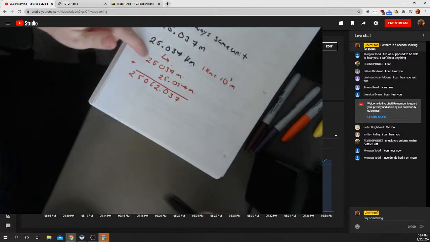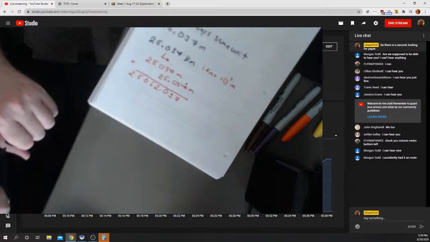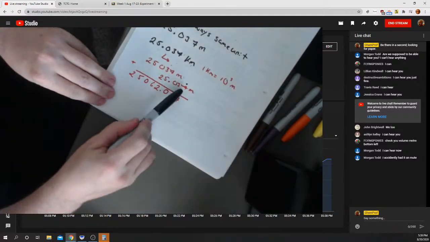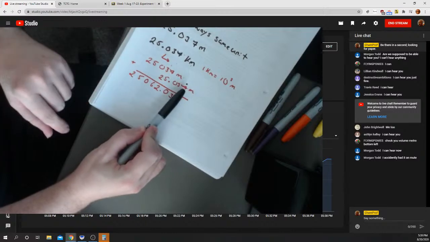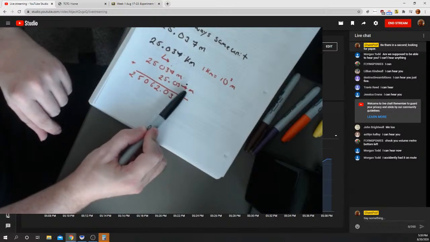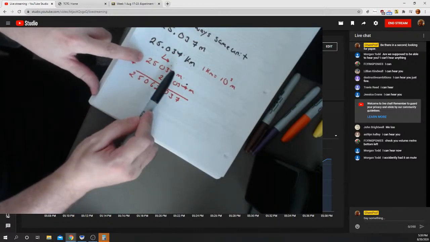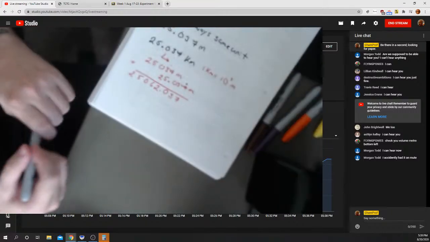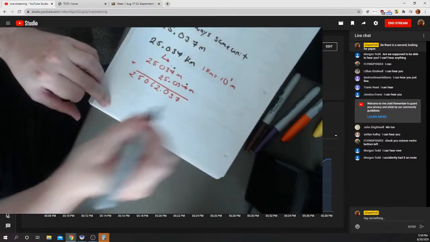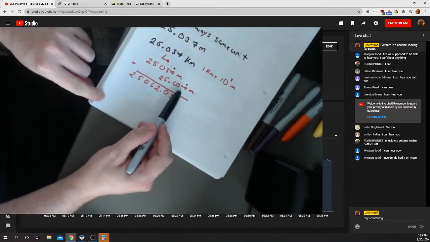For the measurement of my driveway, my uncertainty is located in the millimeter range, because my meter stick went down to the centimeter, and then I estimated the number of millimeters. But for this measurement, my car's odometer only measured down to the meter, and that is where the uncertainty is in this one. So it doesn't really matter that this measurement was a heck of a lot more precise.